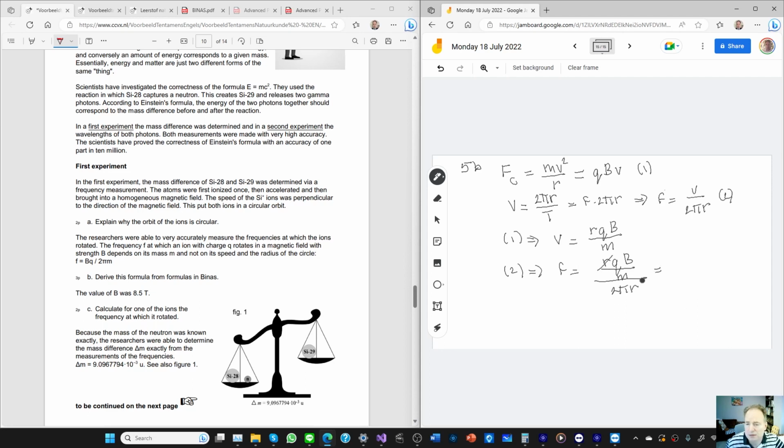So these r's drop here. So you get qB divided by 2 pi m. The value of B was 8.5 Tesla. Calculate for one of the ions the frequency at which it rotated.